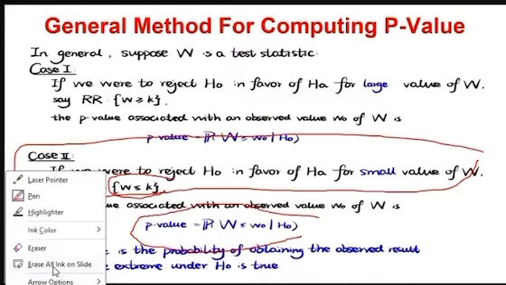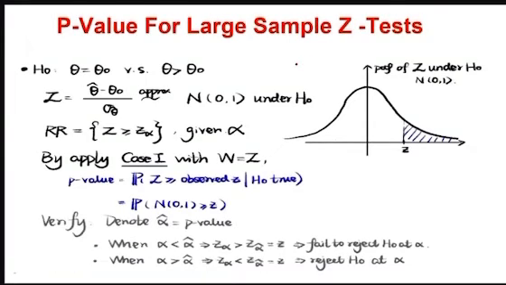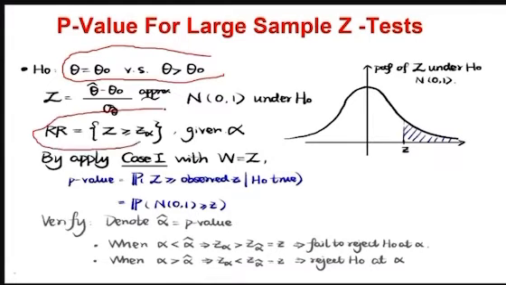Now I'm going to walk you through an example. Let's say, for instance, we are testing a hypothesis, and it is an upper tail test. Why do I call this an upper tail test? The alternative is greater than, right? Now, my rejection region is going to be greater or equal, given alpha, because I told you there's going to be an agreement between the rejection region and your alternative hypothesis.